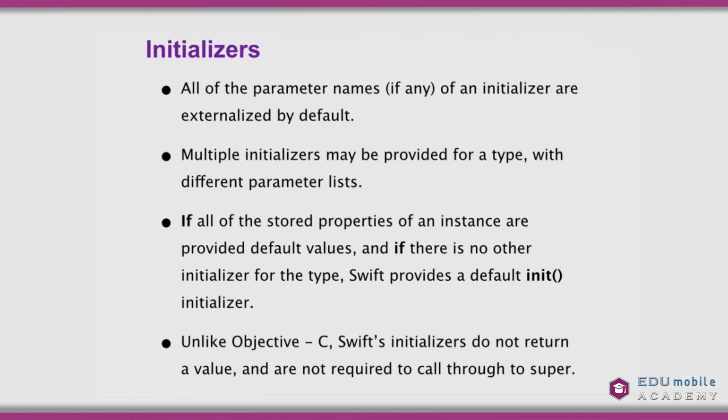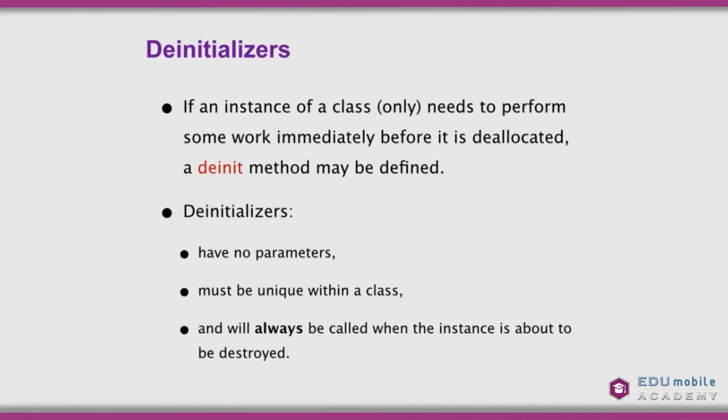There is no such thing as a concept of an ultimate root class in Swift. So you aren't required to call through to super to get back to that ultimate root class instance's init method. Okay. So they don't return a value, and you don't call through to super unless you need to.